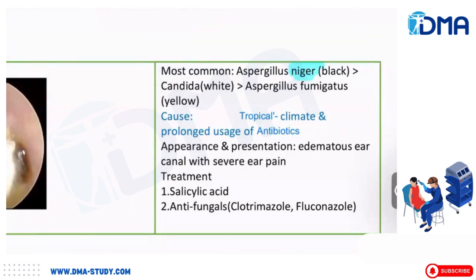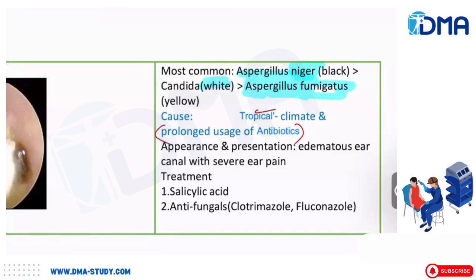The second most common is Candida. The third is Aspergillus fumigatus. The causes for this disease are tropical climate and usage of antibiotics. If you prolongedly use antibiotics without a doctor's prescription, over-the-counter from a medical shop, it could cause otomycosis infection.